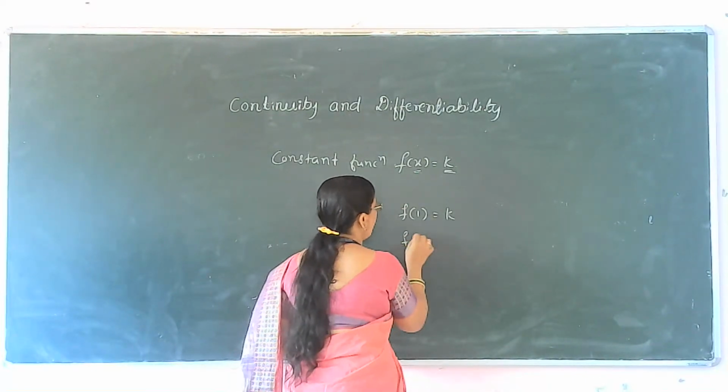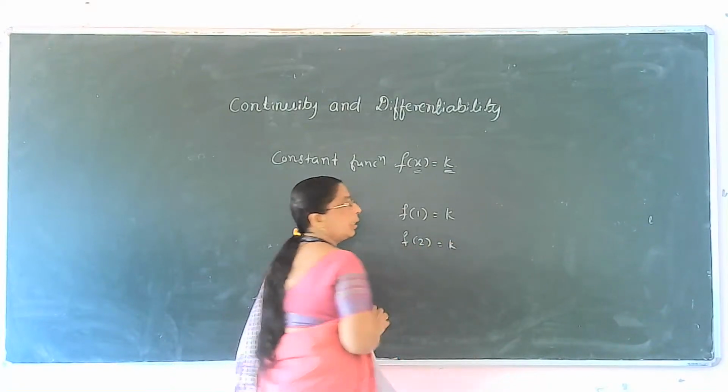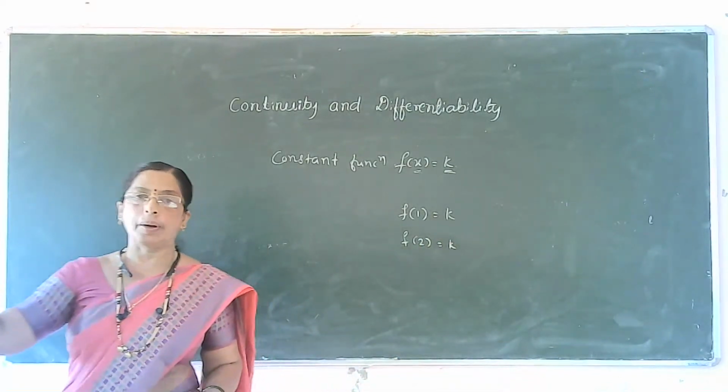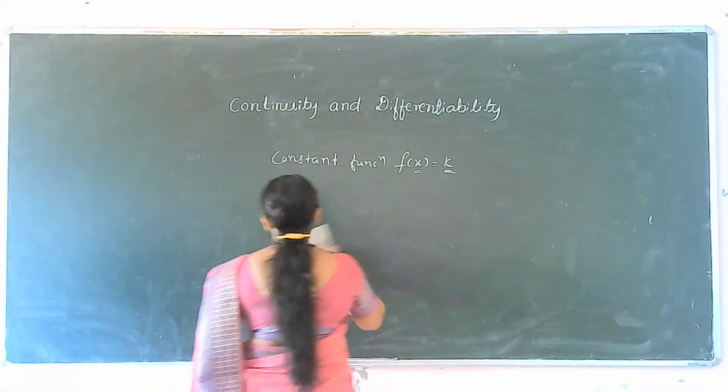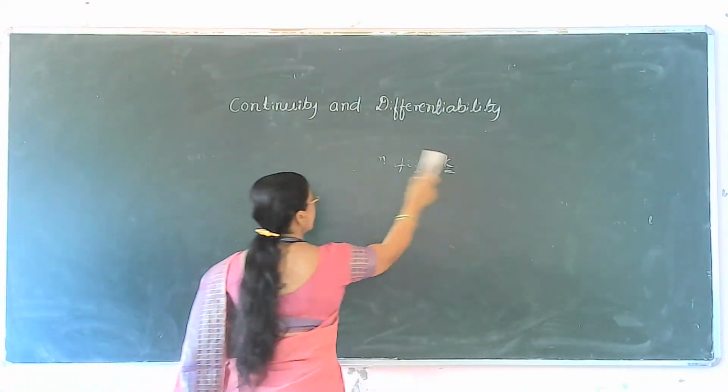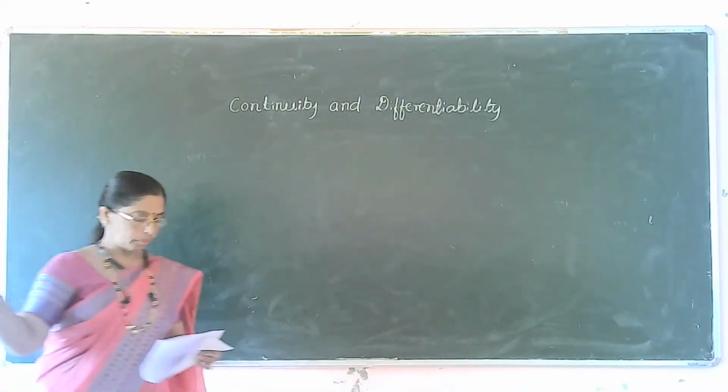Therefore, f of 1 is k, f of 2 is k, like this. Therefore, the constant function is also a continuous function.